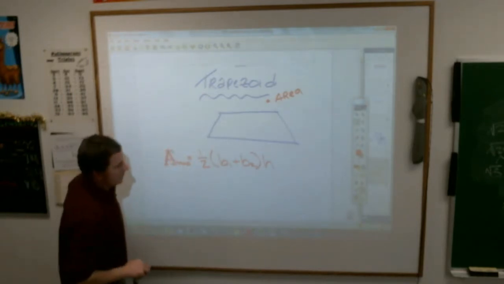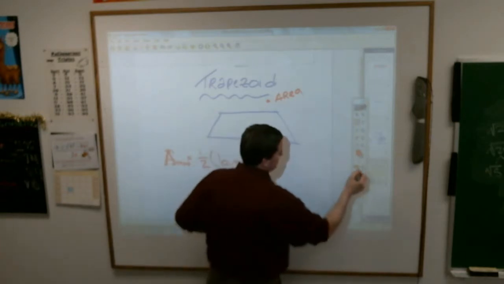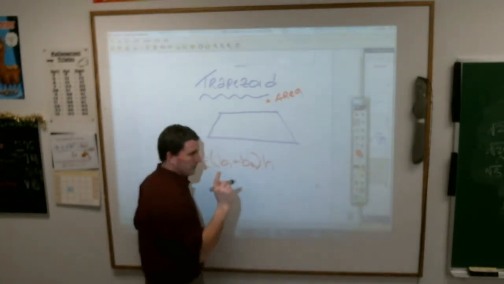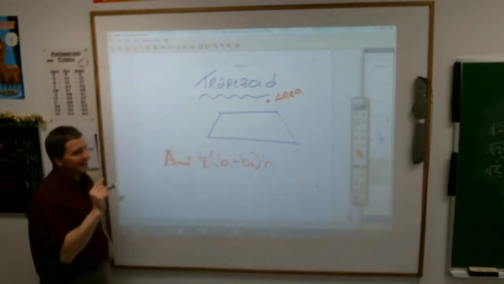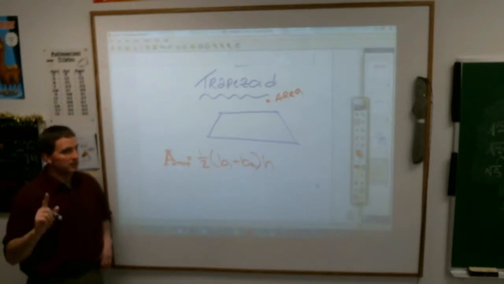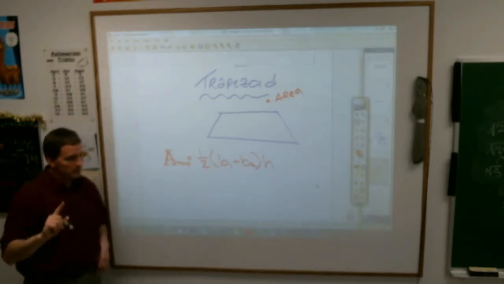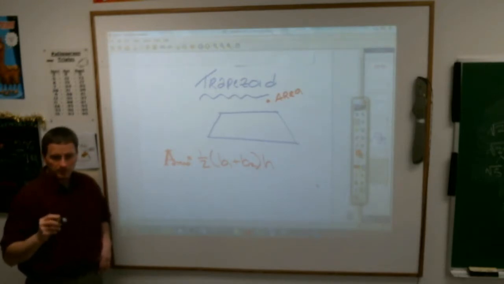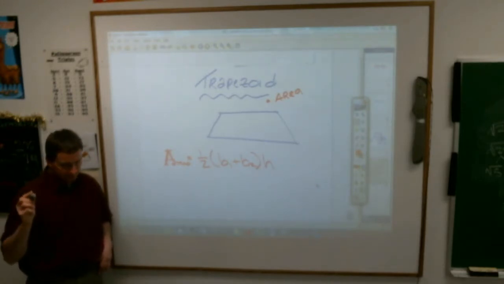Now, let's talk about what these things are. We've discussed this before. When you talk about base and height in shapes, like 1/2 base times height for a triangle, what has to be true about them? Grace? It has to form a right angle.